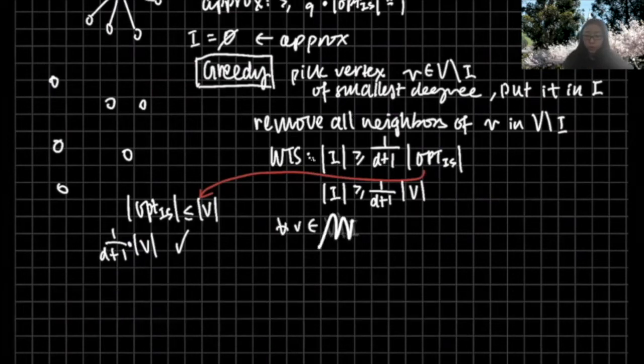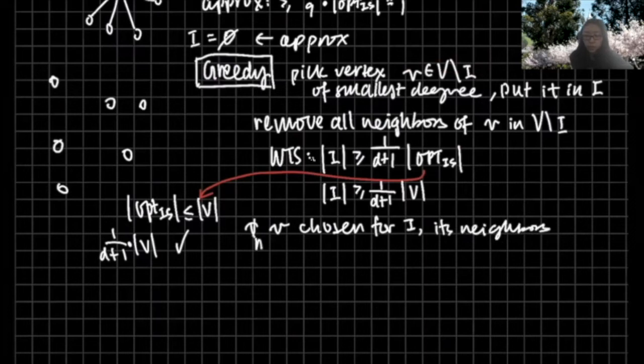So going back to this part of our algorithm over here, for every v that we choose for our independent set, its neighbors must have been in the subset of the original graph that is not part of the independent set, so V minus I. What is this cardinality?